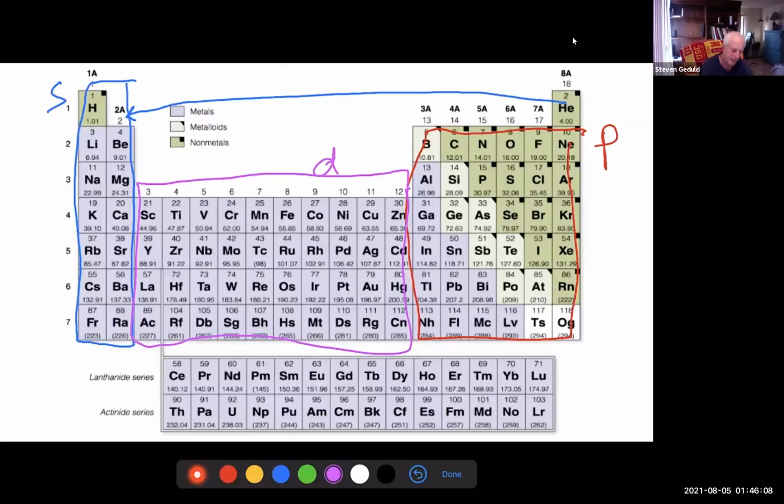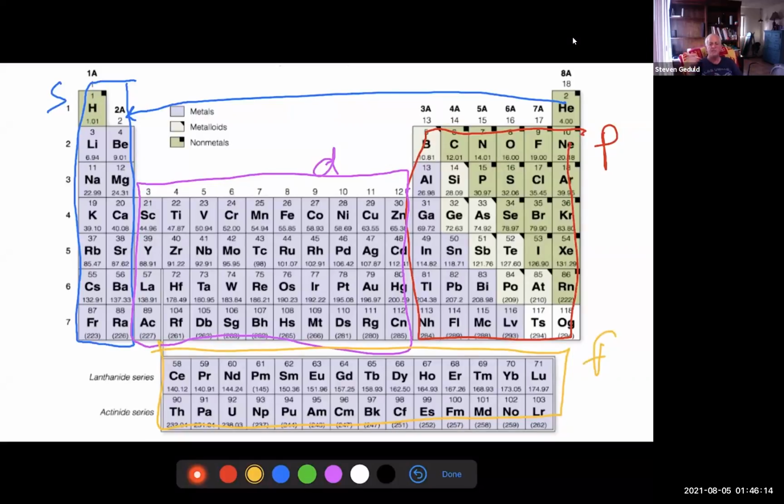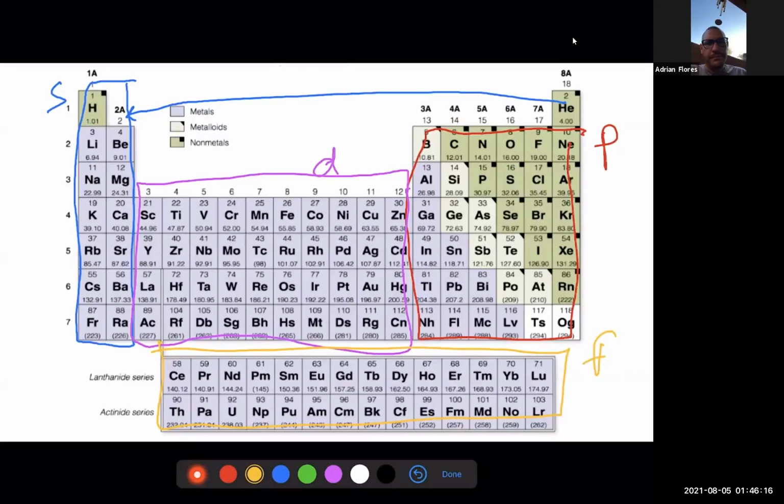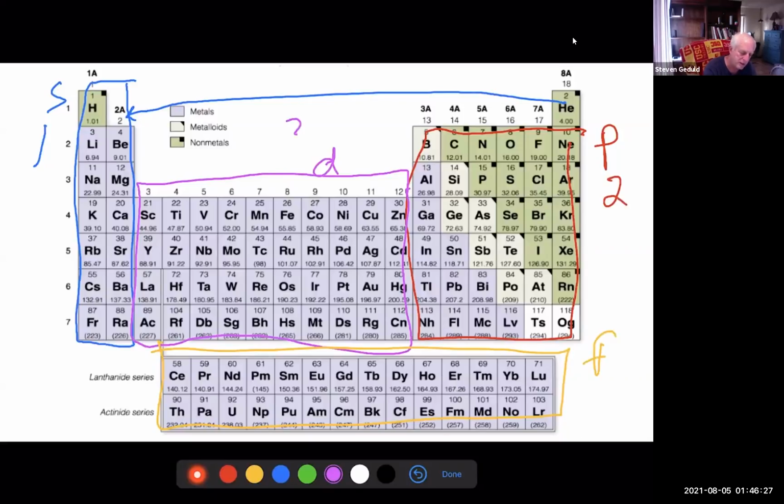And these 14 are what we call f orbitals. So you got S, P, D, and F. S's always start with 1. P's always start with 2. D's always start with 3. And I'll bet you can guess what F starts with. Let's go 4.